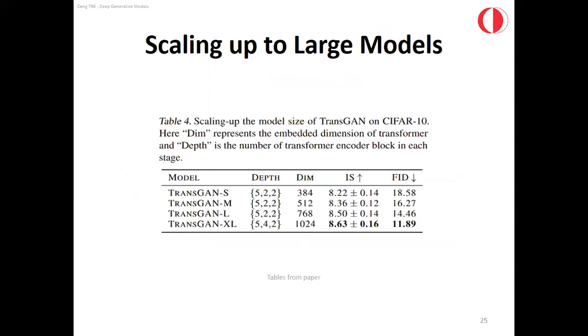So they tried a lot of things. So it's time to scale up to large models. This is the depth of the transformer encoders, and this is the dimension of the inputs.